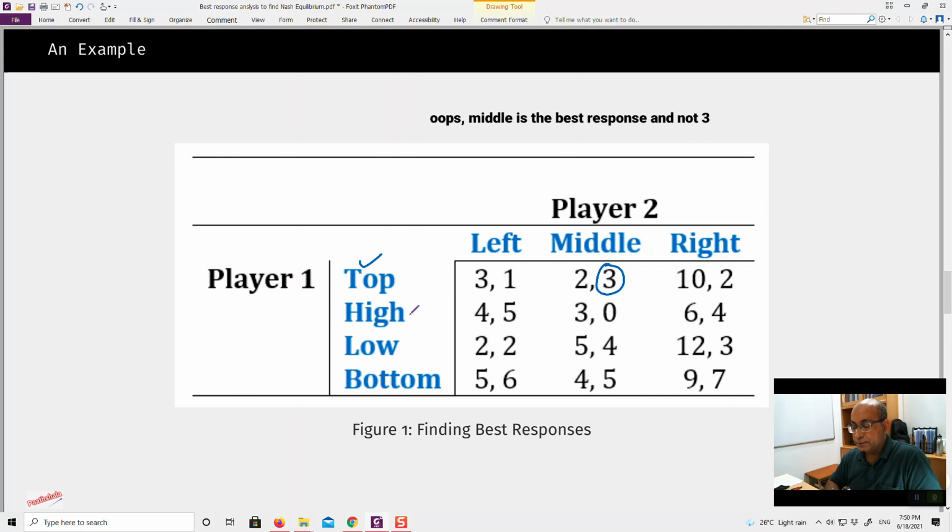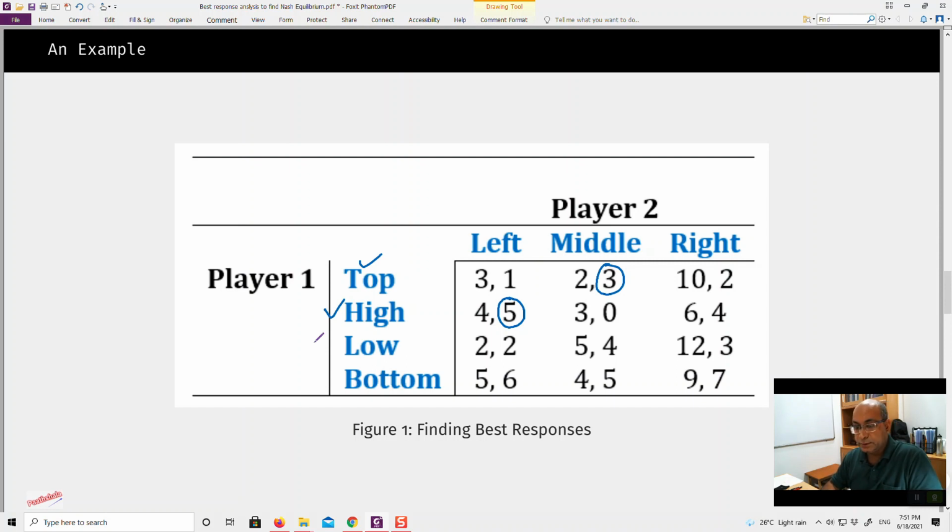Similarly, if player 1 is playing high, then what is the best response for player 2? By playing left, he gets 5, middle gives 0, while right gives 4. So here we realize 5 is the best payoff that he can get. So left is the best response of player 2 when player 1 is playing high. So in this way we can keep on finding.